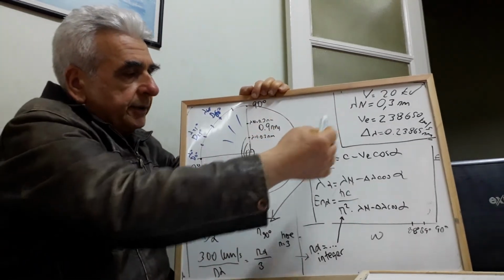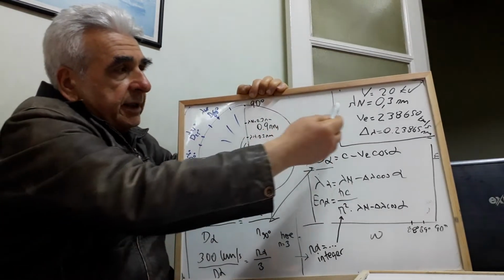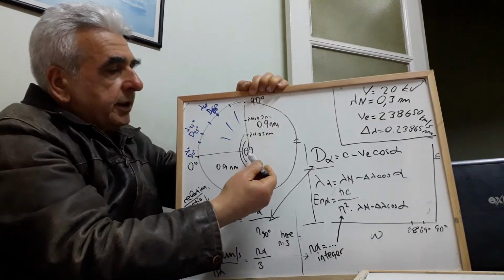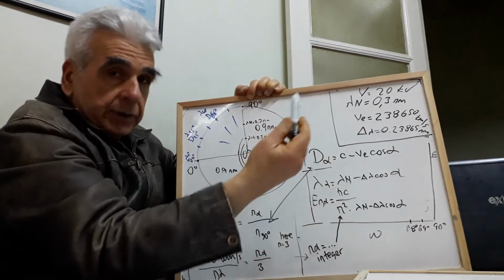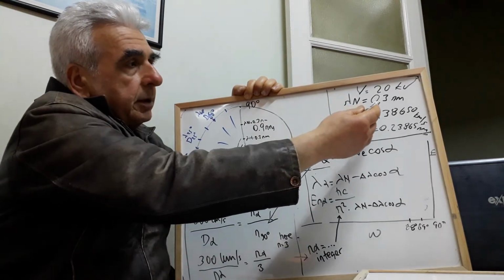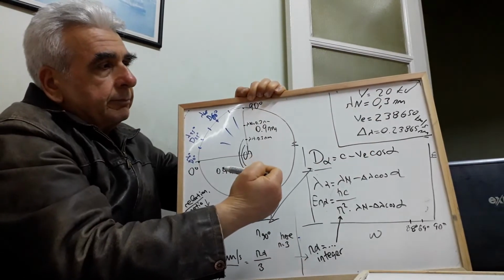Say, for instance, the at-rest wavelength of this relocating electron, lambda n, the initial lambda, is 0.3 nanometer.